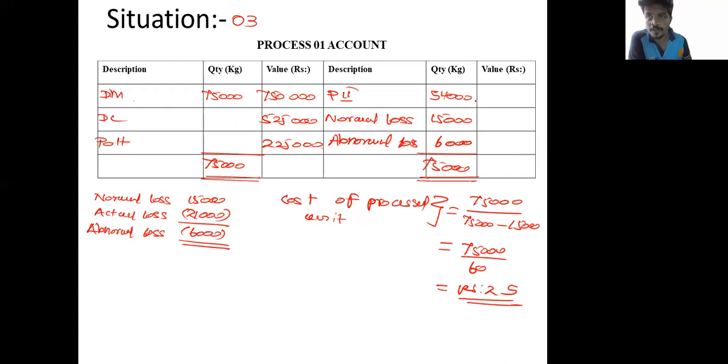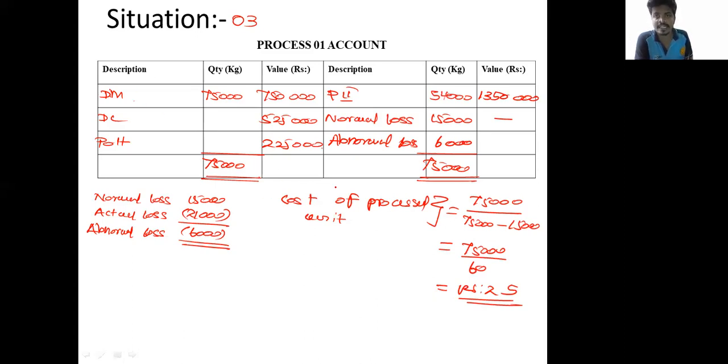Then here we are not selling the normal loss, so we are not getting any value for it. Value for the process transferring output, that means good output, we can calculate 54,000 into 25. That means 1,350,000.